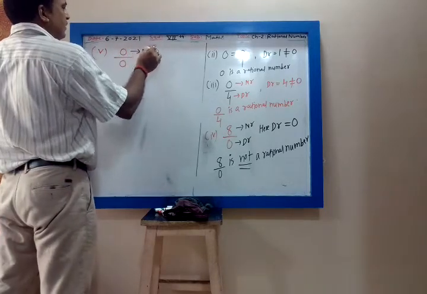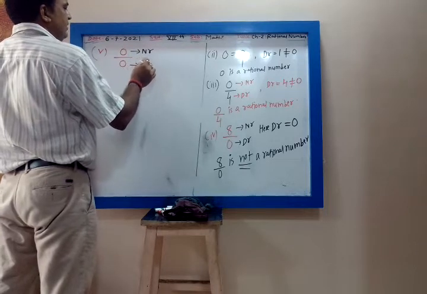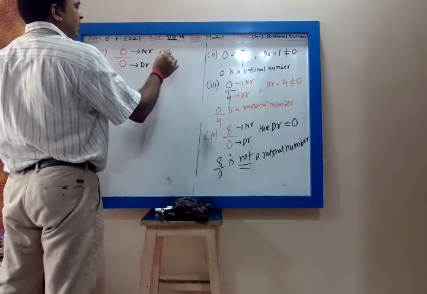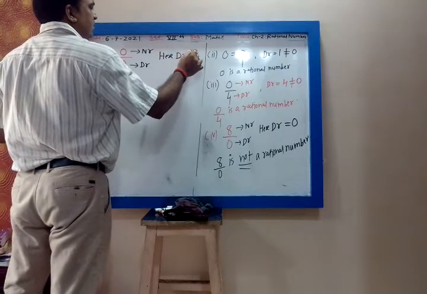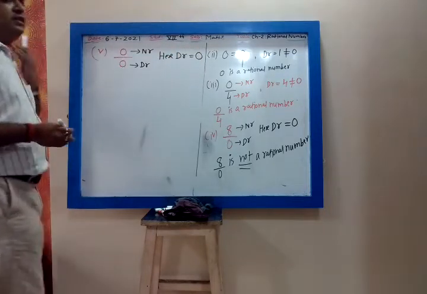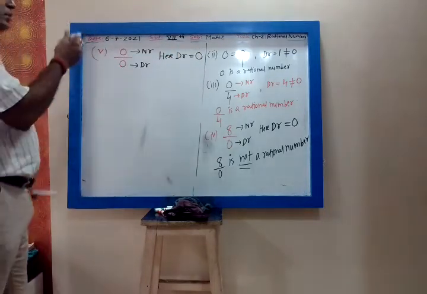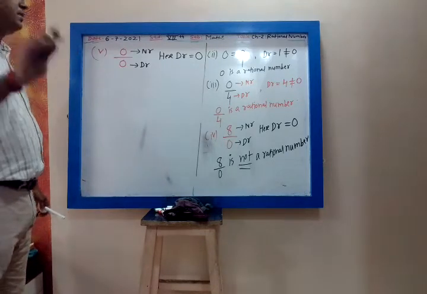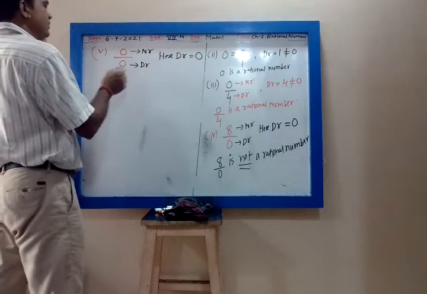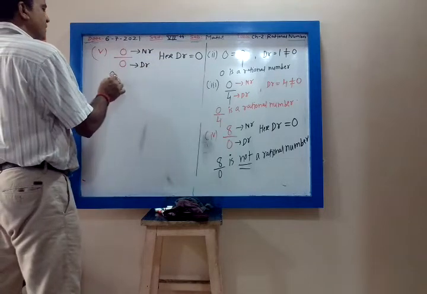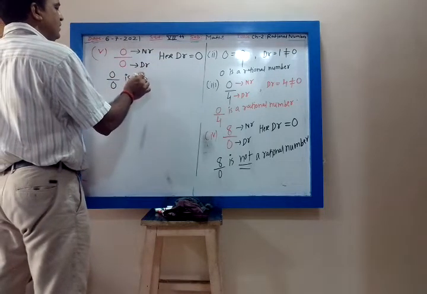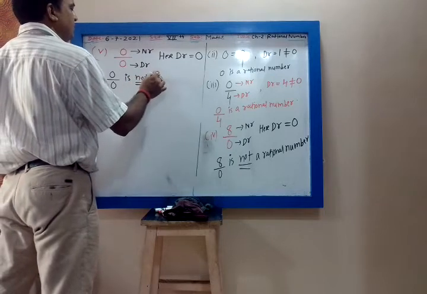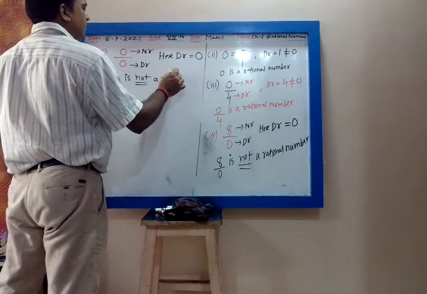What about denominator? Denominator is also 0. Numerator can be 0, but denominator should not be equal to 0 in a rational number. So 0 upon 0 is not a rational number because denominator is 0.